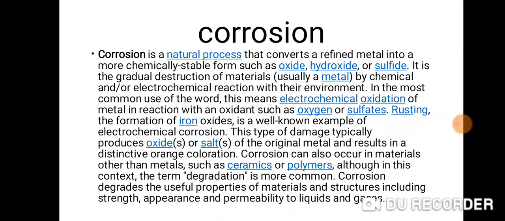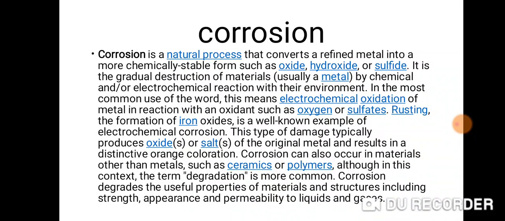In the most common use of the word, this means electrochemical oxidation of metal in reaction with an oxidant such as oxygen or sulfates. Rusting, the formation of iron oxide, is a well known example of electrochemical corrosion. This type of damage typically produces oxides or salts of the original metal and results in the distinctive orange coloration.